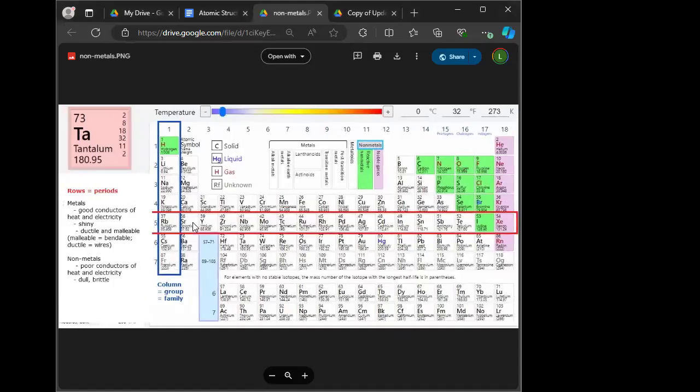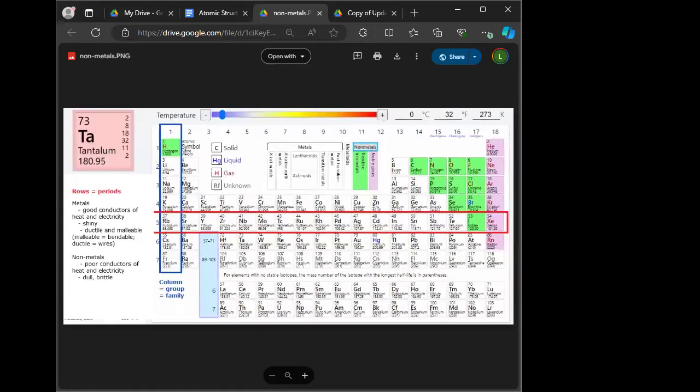Now, oh, hydrogen is the only exception. Hydrogen, even though it's on the left-hand side of the periodic table, it's still considered a nonmetal. So even though it's with the metals, it's weird. Hydrogen sometimes acts like a metal, even though it's a nonmetal.